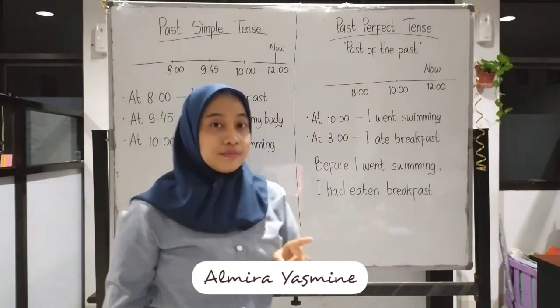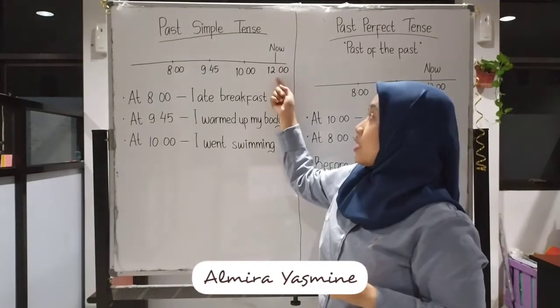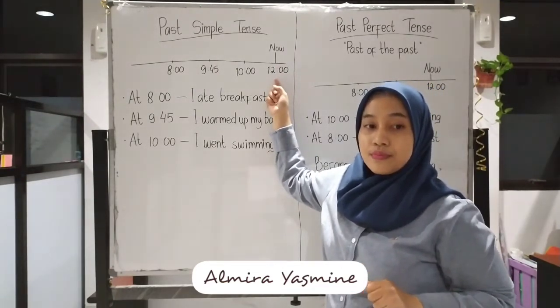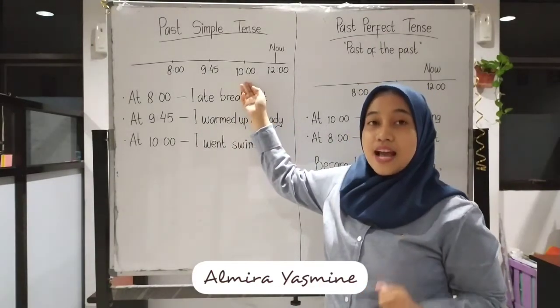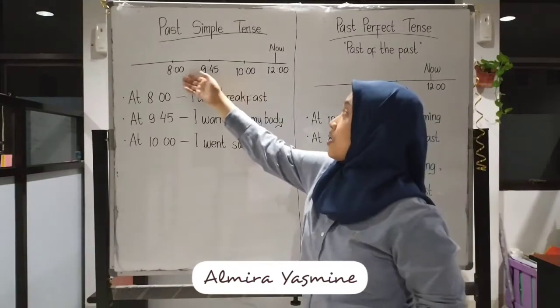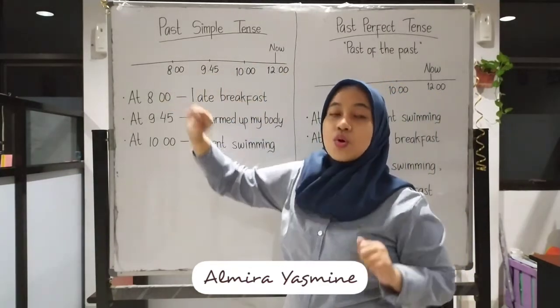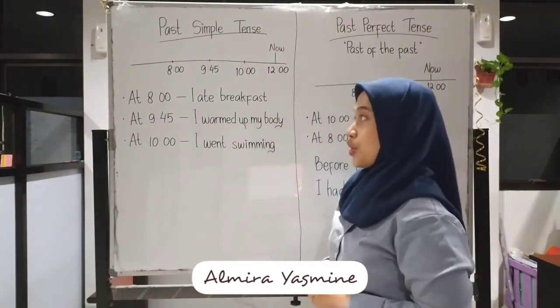For example, this is now. It's 12 o'clock in the afternoon. As you can see here, there were activities before now. So let's look at what these individual events were.